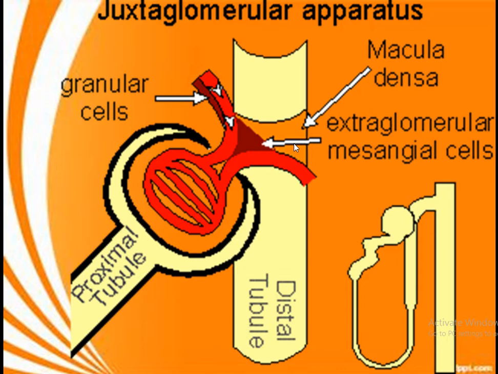So what happens is that blood is circulating here in the glomerulus, then urine is formed, and it comes here inside the nephron, inside the tubule. When it reaches here, as the sodium sensors are present at this site, they at once judge the sodium concentration. If it is less than normal, they are stimulated.